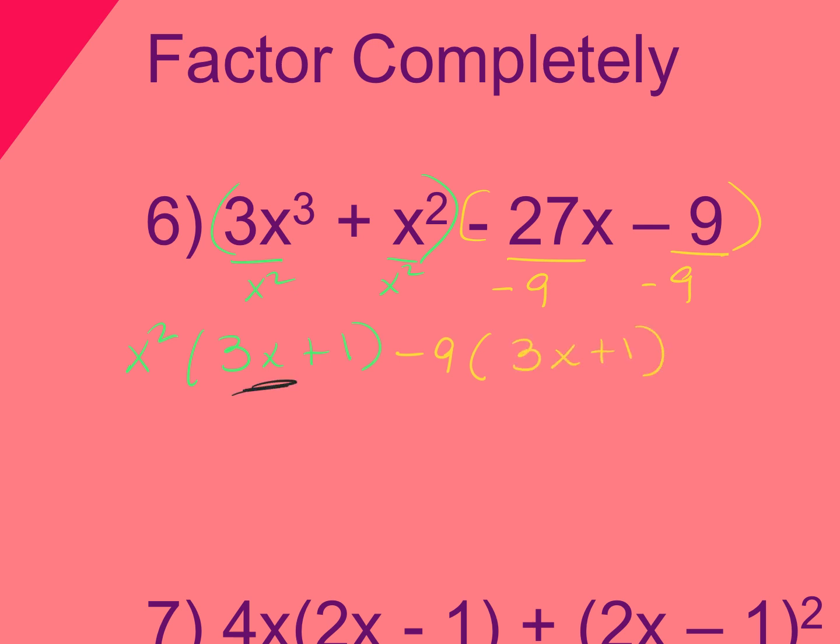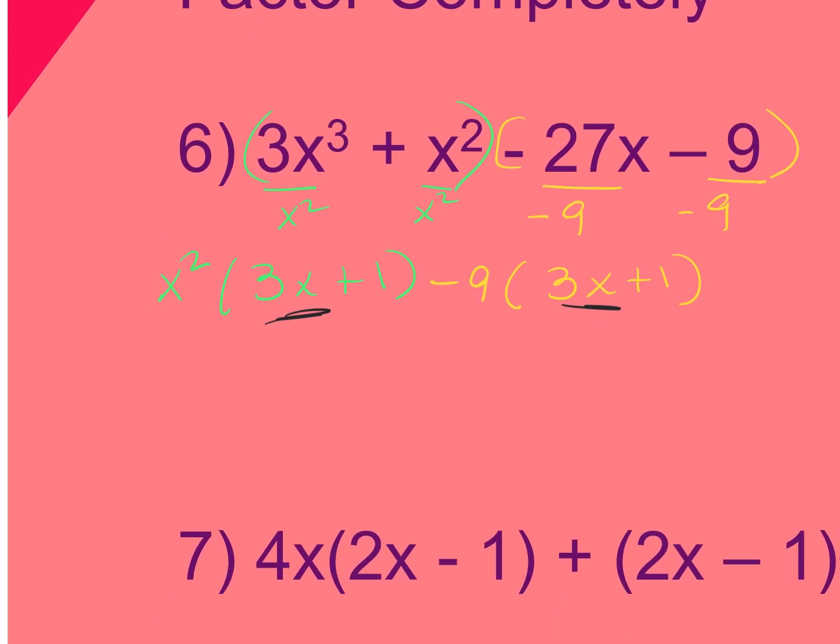Notice these are the same. So I write that down once, and then take the two GCFs, and they become the other binomial. Then I'll put these two together. But notice in the second binomial, it's a difference of two squares.